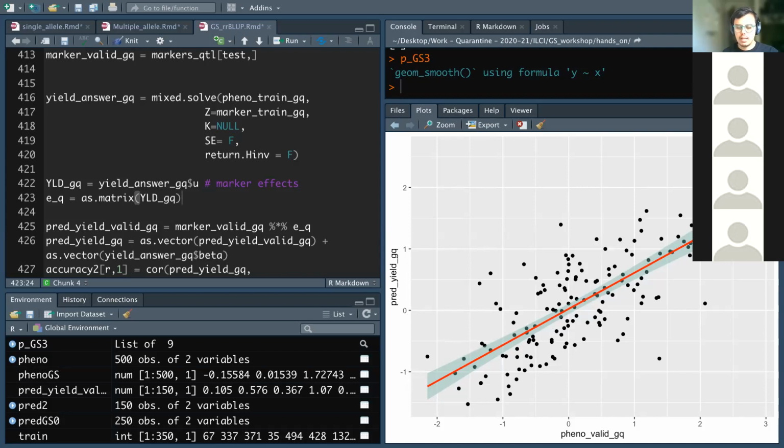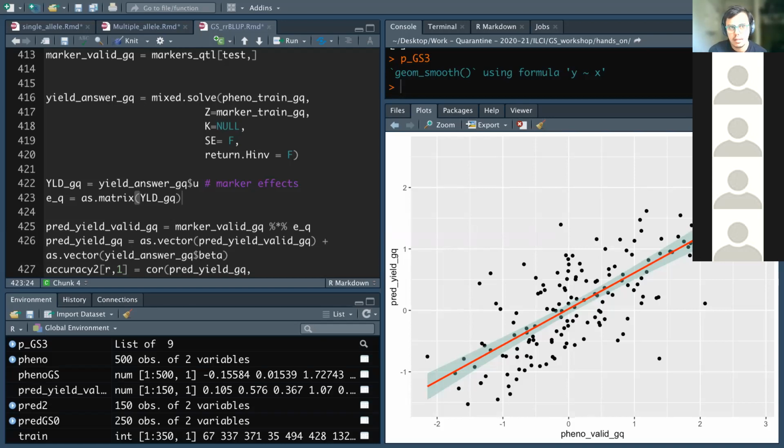We ran a fast model for GWAS, but I did not intend to cover QTL analysis, for example, in this course.